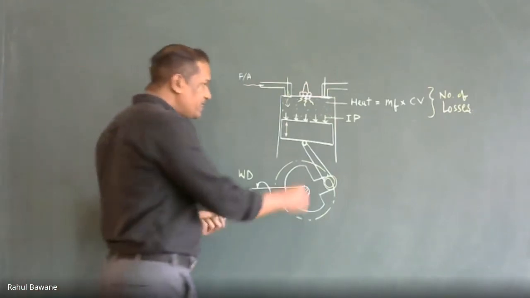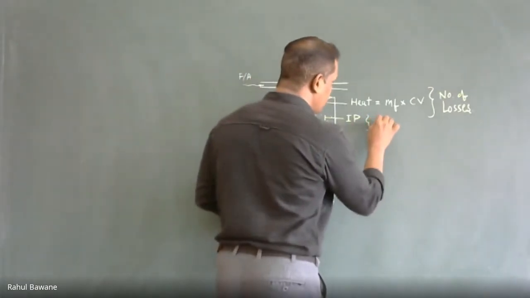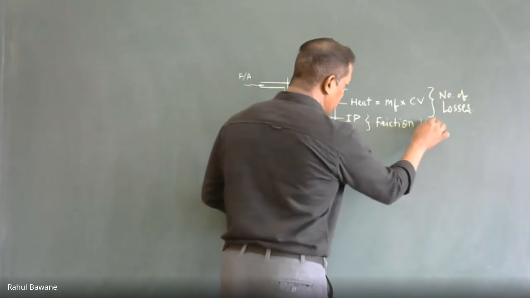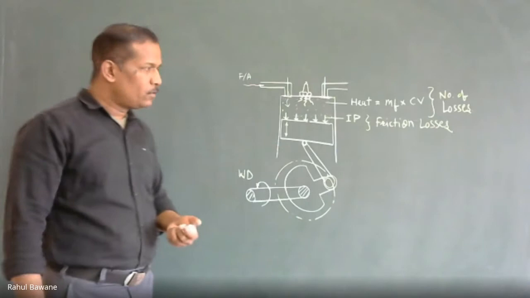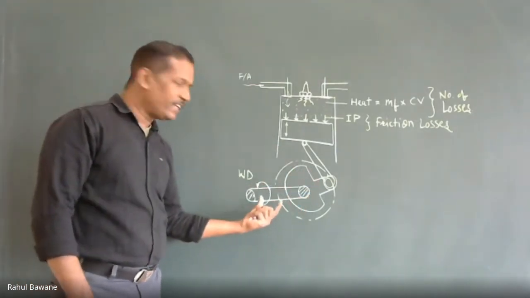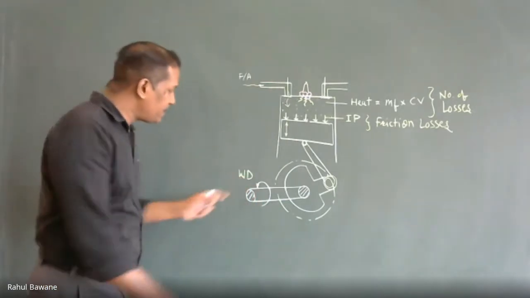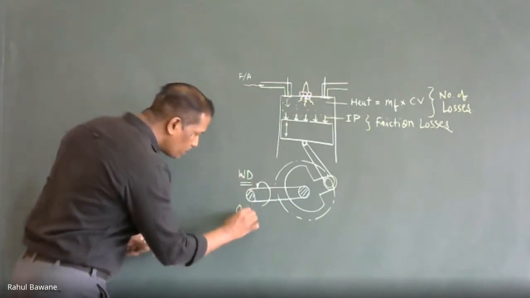All these power losses due to friction are called friction losses. The exact amount of energy available is converted into work done, and this is our output.